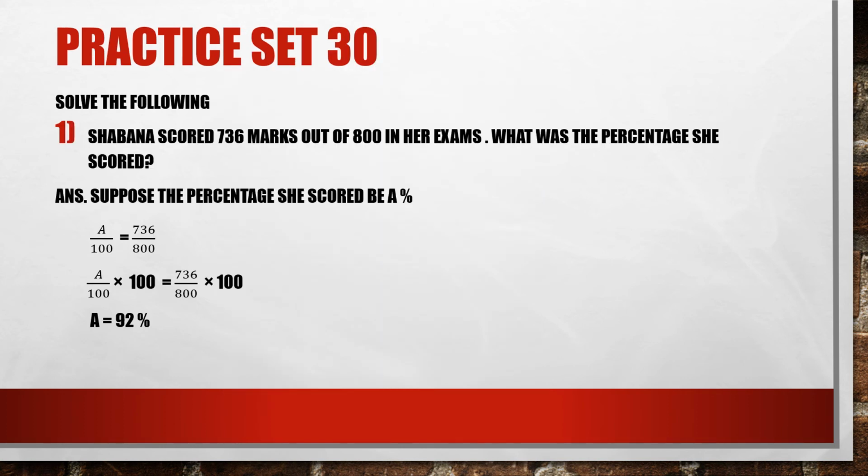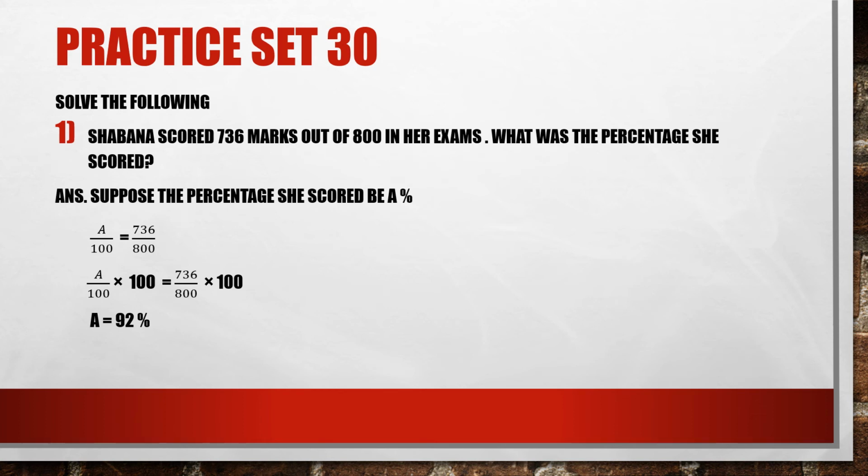The first sum says Shabana scored 736 marks out of 800 in her exams. What was the percentage she scored? So remember, as we had discussed, when we have to find out the percentage, we need to multiply by 100. So let her percentage be A%. Okay. So A upon 100, because we don't know how much percentage she has got, is equal to 736 upon 800. So A upon 100 into 100, here also right hand side into 100.